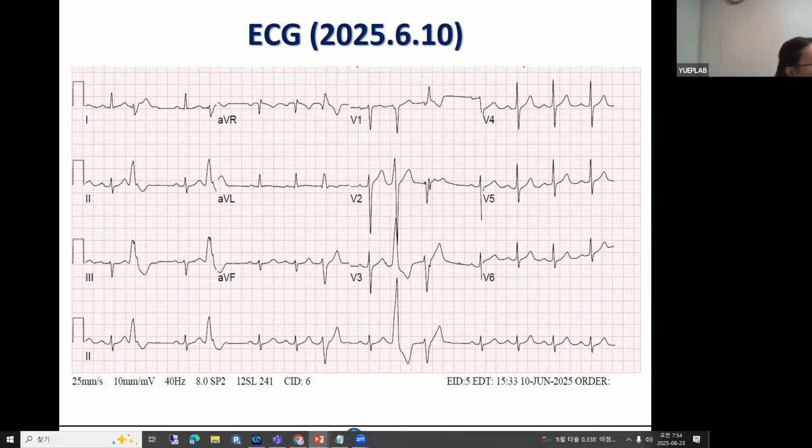I have never seen such a sharp fractionated potential in V2 preceded by a wide QRS rhythm. That could be conduction system and fascicular related. So this patient has a septal origin, the baseline heart rate is consistently fast, with multiple QRS morphologies and conduction system disease. So probably this patient's heart is not healthy.